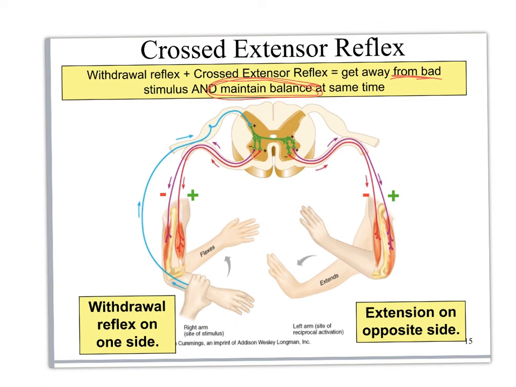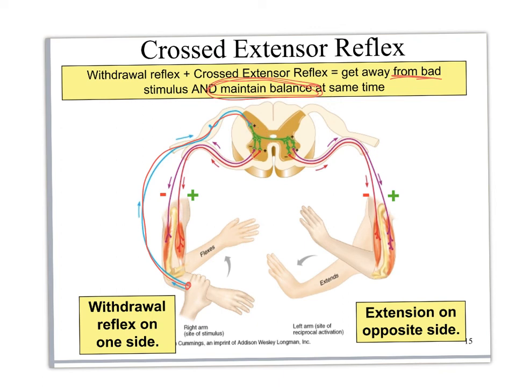Again, you've got your stimulus here, it comes along the pathway here, and then it's going to synapse there. It's going to come out, we'll follow the purple pathway right here. This is going to inhibit this muscle, and it's going to come over here and excite this muscle, causing the flexion of the elbow.